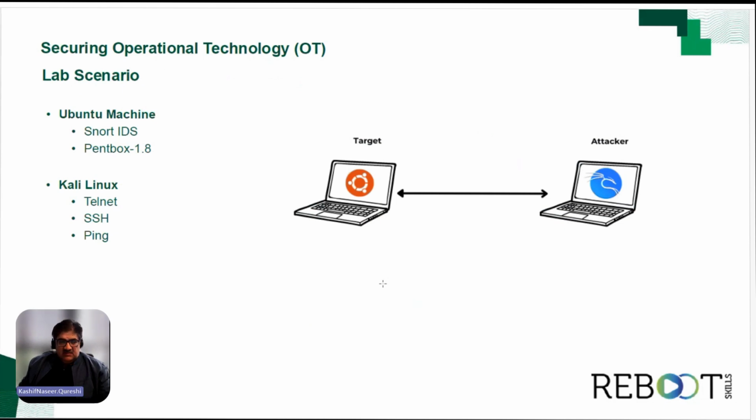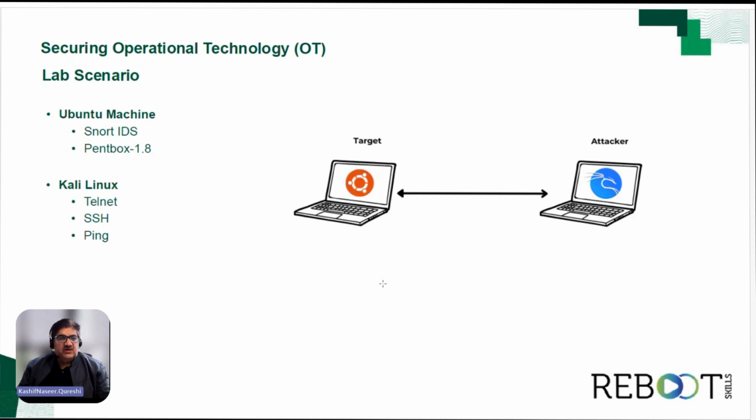So this is our lab scenario, the same scenario we used in session 1 and session 2, where we have the Ubuntu machine. It contains the latest Ubuntu operating system, and Snort is already there, we already installed Snort, and today we are installing the Pentbox honeypot, that is version 1.8.